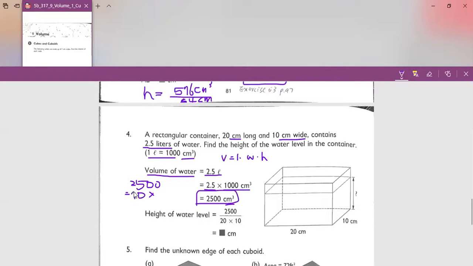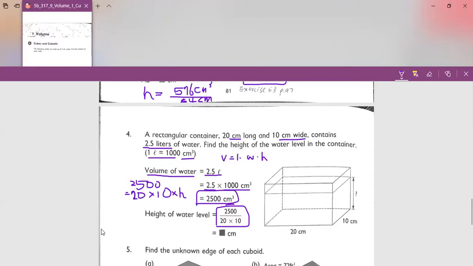So we have, oh, I think I wrote it. The length is 20, the width is 10, and then they want us to find the height, right? So we don't know the height. Same calculation over here, so we move around our number: 2,500 divided by 20 times 10.